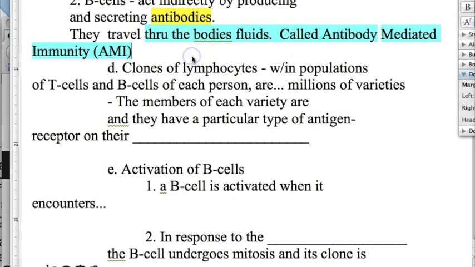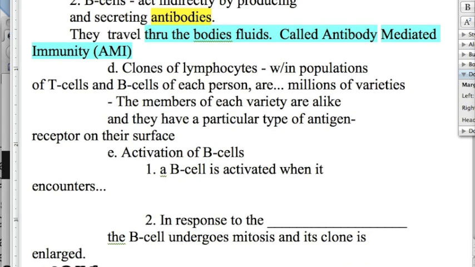So within our body, there are clones of lymphocytes within the populations of our T cells and B cells of each person, and then there's millions of different varieties of those lymphocytes. Now, the members of each variety are alike, and they have a particular type of antigen receptor on their surface membrane that responds only to a specific antigen.